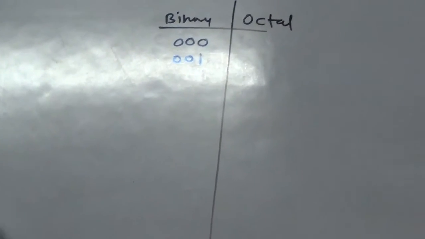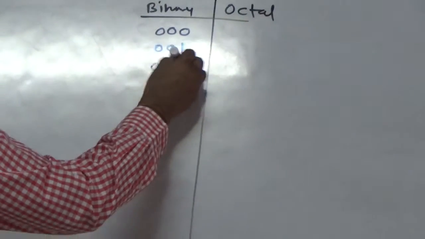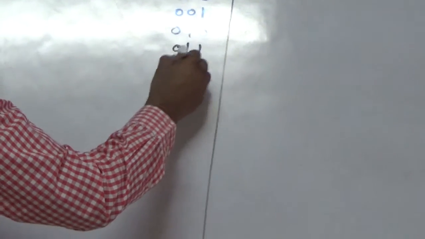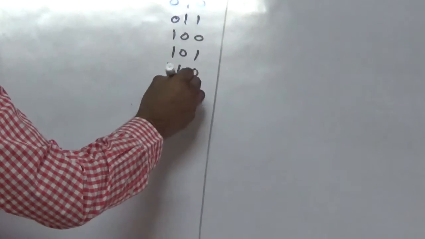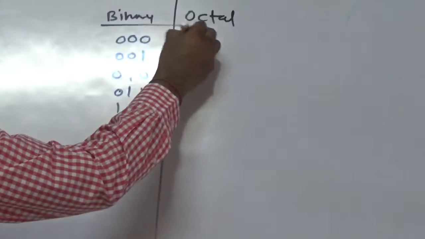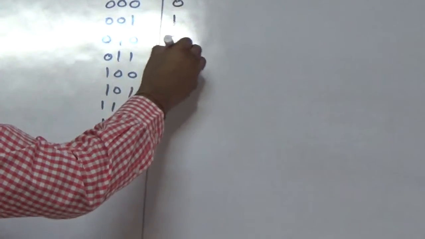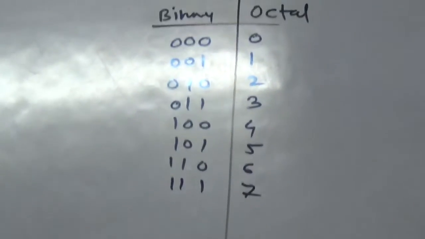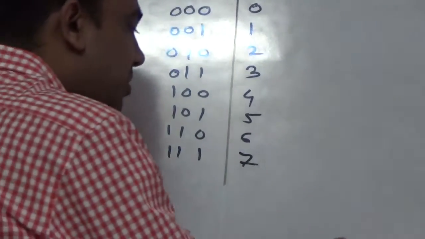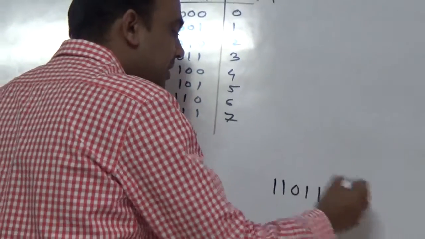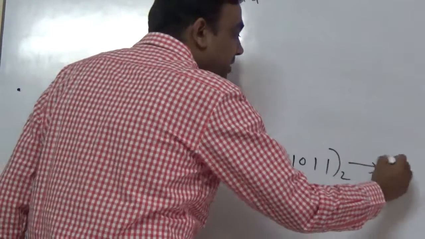See here there are 3 bits, whereas in case of hexa it was 4 bits. So 001, 010, and finally 111. Now the corresponding octal digits are 0, 1, 2, 3, 4, 5, 6 and 7. We discussed in the last lecture that octal is from 0 to 7, total 8 digits.